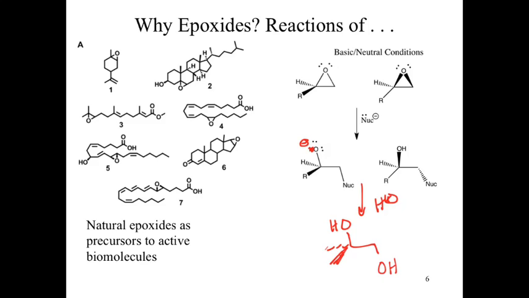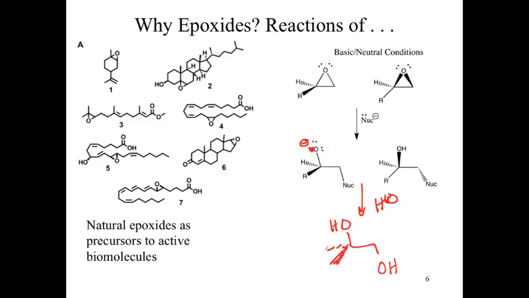They are on opposite sides of the structure. We have an anti-addition or a trans result of our OHs. Kind of neat. So, like I said, neat result. So, basic conditions. We're looking at our nucleophile attacking the least sterically hindered site.